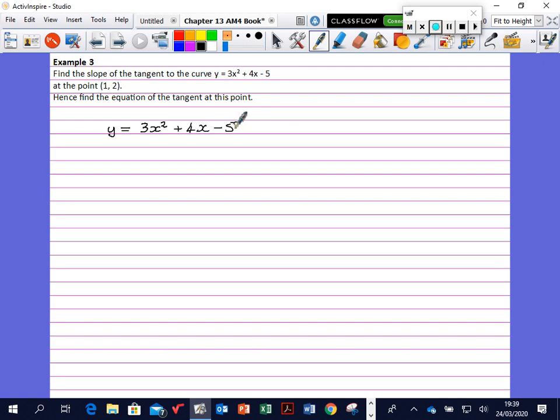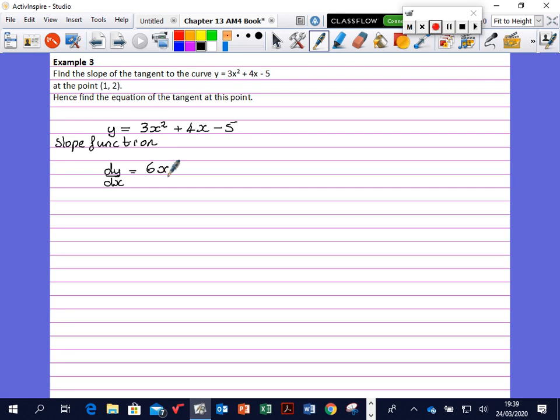I'm now going to work out the slope function for this curve. When I differentiate the y, I get dy/dx. When I differentiate the 3x squared, I multiply by the power, so 2 3s are 6.